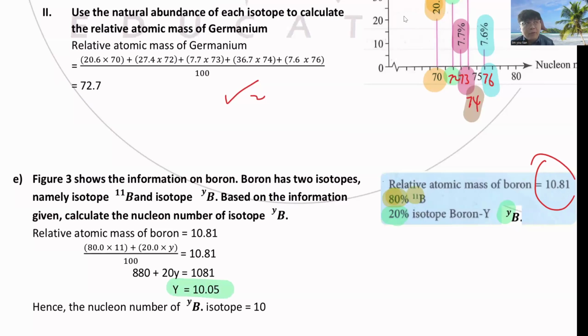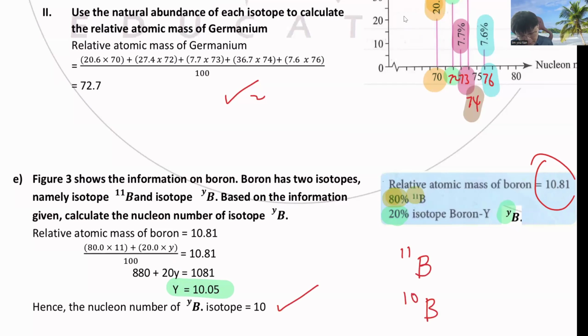But remember, for the molar mass, we only take the number only. So we don't take 10.05. You need to tell me the final answer is 10, because the mass means I got boron 11, and then we got boron 10.